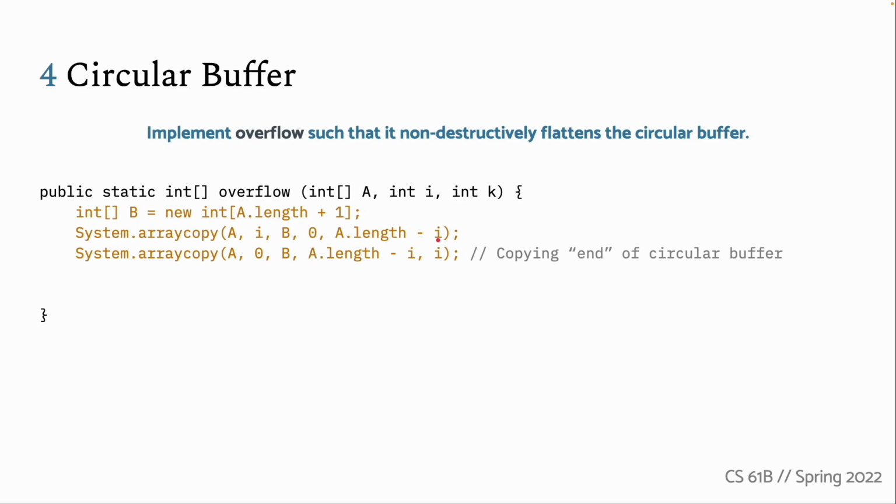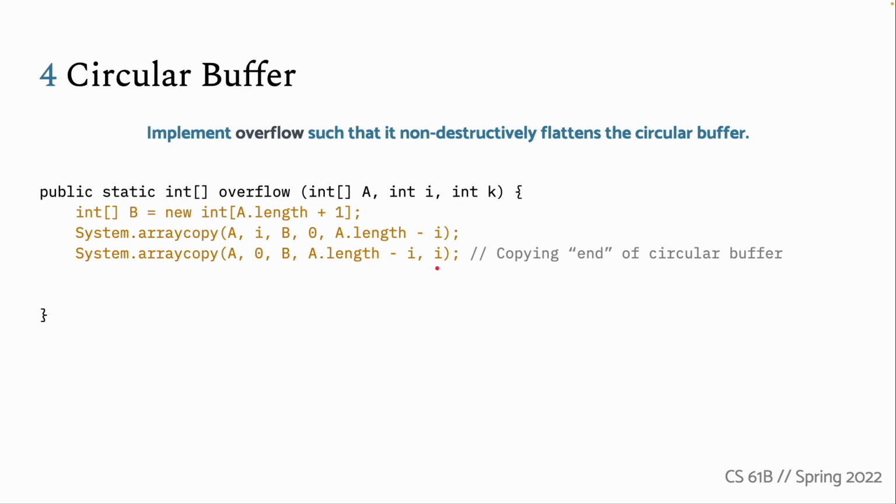And just similarly, we're going to do the same thing, but for the end of the circular buffer, aka the beginning half of A. So we're going to copy from array A, starting from its 0th index, into B, starting from where we just ended off up here, so A dot length minus I, and we're going to copy up until I. So this is like the second half of our circular buffer.